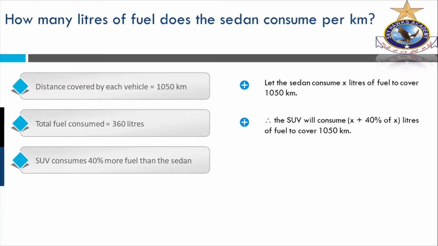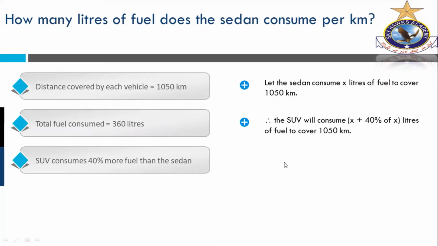Let's see the next one. Therefore, the SUV will consume X plus 40% of X liters of fuel to cover 1050 kilometers. This is the main idea, and the most important point: we are just making a comparison.